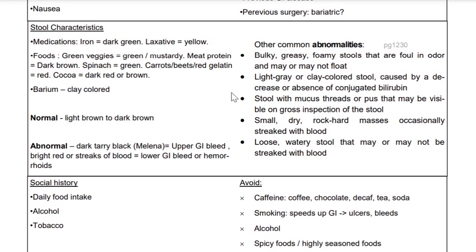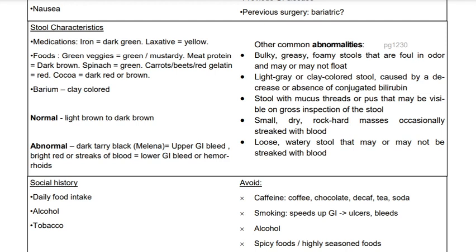There are some other abnormalities that you need to be aware of in the stool. Bulky stools, greasy, foamy stools that are foul in odor and may or may not float. See, there are just so many different things to look at. Light gray or clay colored stool is caused by a decrease or absence of conjugated bilirubin.